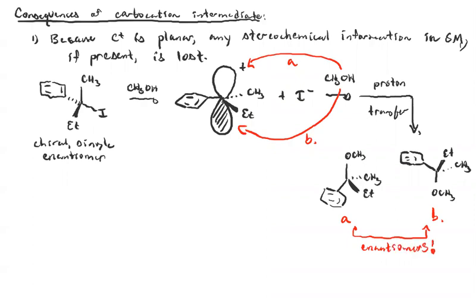And so the take-home message is that in an SN1 pathway, enantio-enriched starting material gets transformed to racemic product, okay?